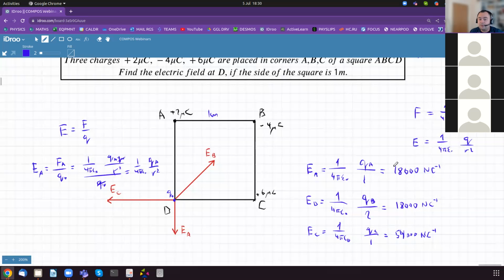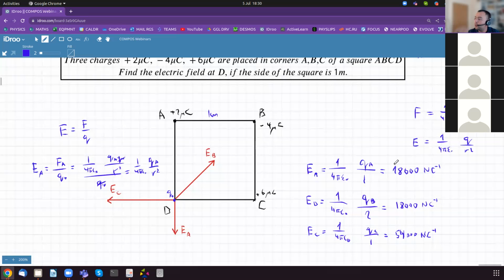Now, the meaning of the 54,000 is that if you place a 1 coulomb charge inside that field, 54,000 sounds like a strong field. It will experience 54,000 newtons of force.